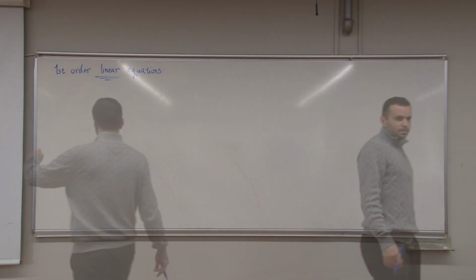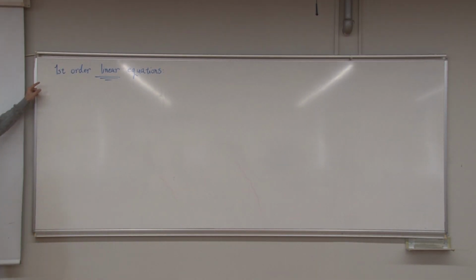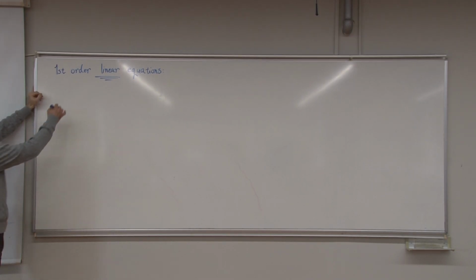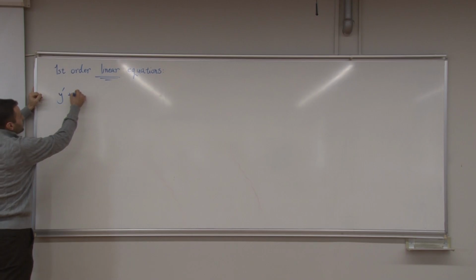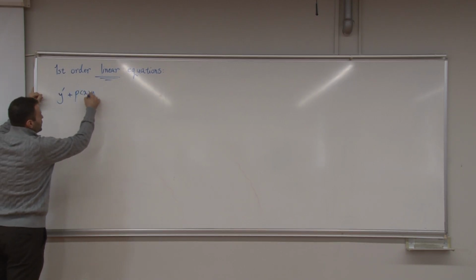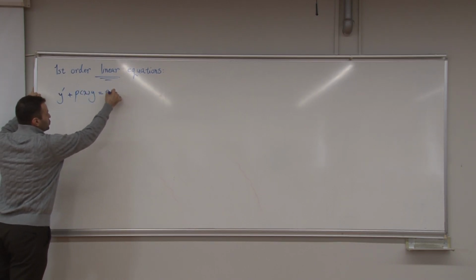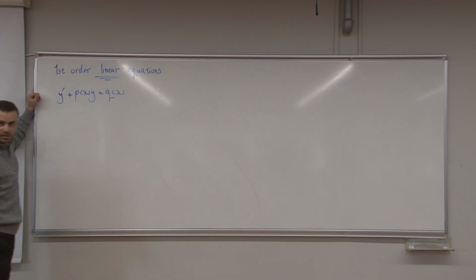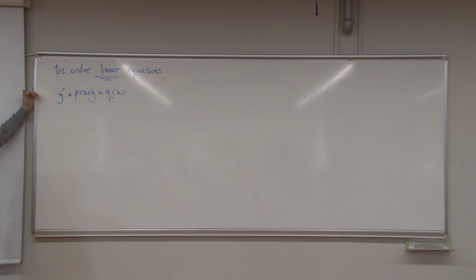Let's continue. What was the general form of a first order linear equation? y prime plus p of x times y equal to q of x, right? This is the general form of a first order linear differential equation.